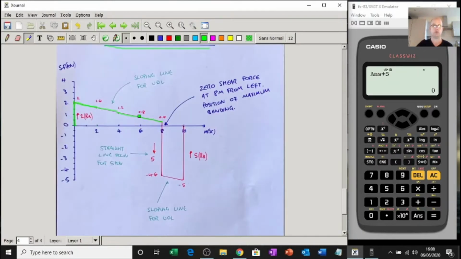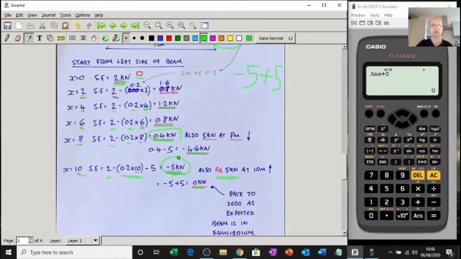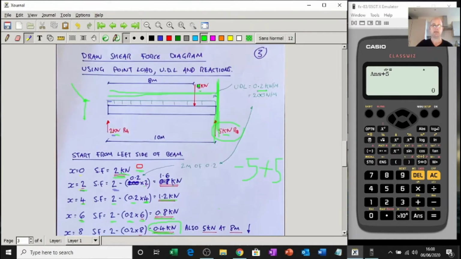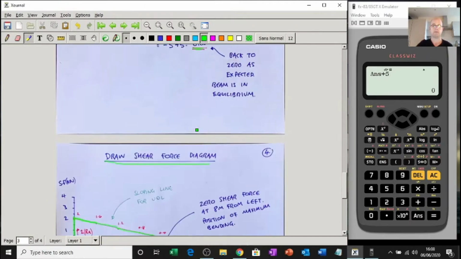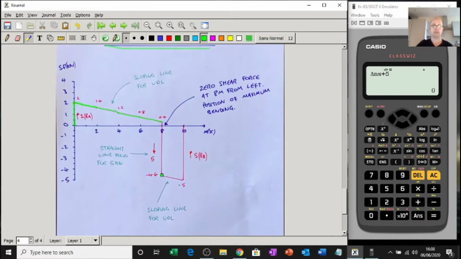Don't go from 0.8 straight down, because the line comes to 0.4. Then we've got this 5 killer coming in at 8. So we've got that point, and then this point here, minus 4.6. Plot minus 4.6, it comes straight down.